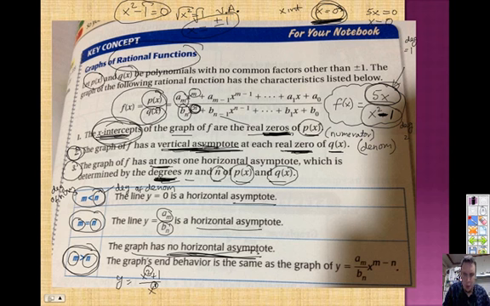Those are our vertical asymptotes. Number 3, look at the degrees. The degree of the top is 1, the degree of the bottom is 2, so m is less than n, therefore this case applies, and the horizontal asymptote is y equals 0. That's how you use these rational functions. Let's get to an example.